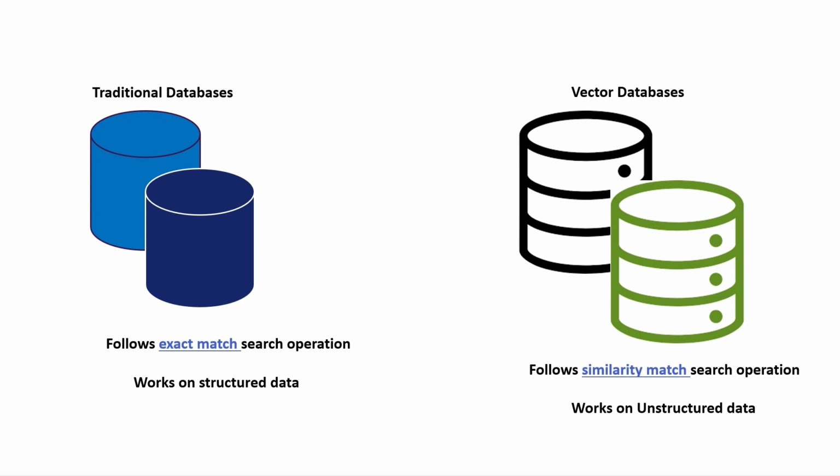Whereas a vector database, which works on unstructured data, brings up all the records which match the keyword dog plus other meaningful records, something like pet animal, pet, puppy, all of which are semantically equal to the search keyword dog. So that makes the difference between a traditional database and the vector database.